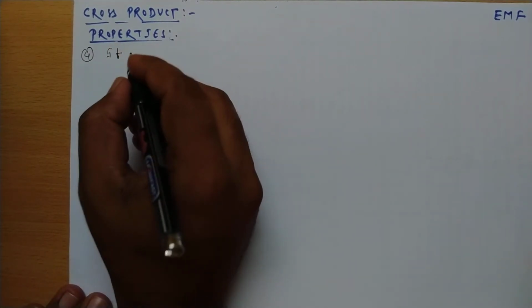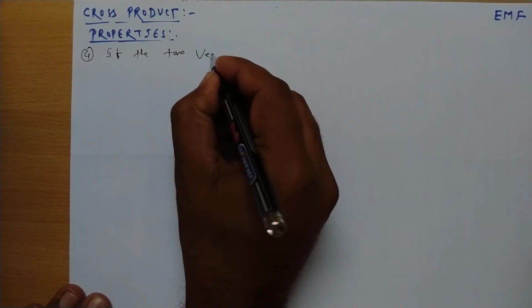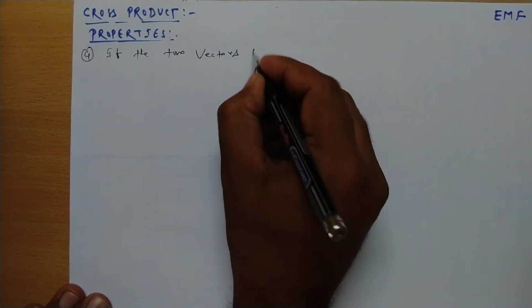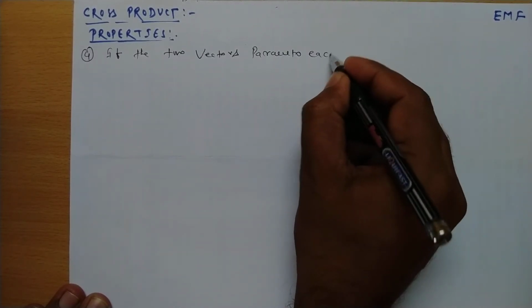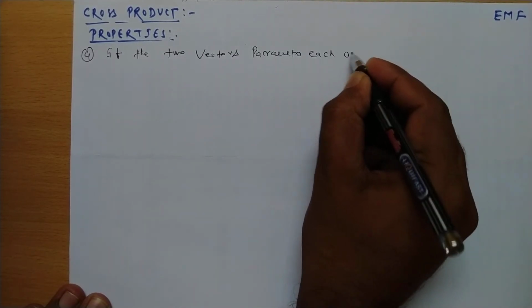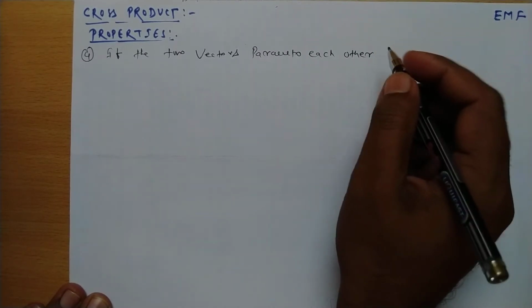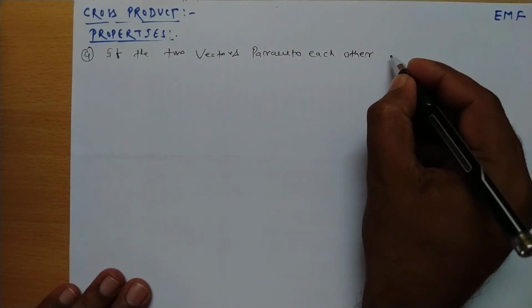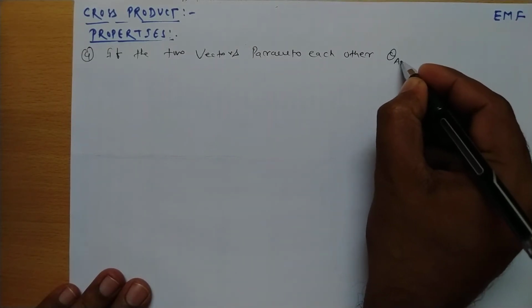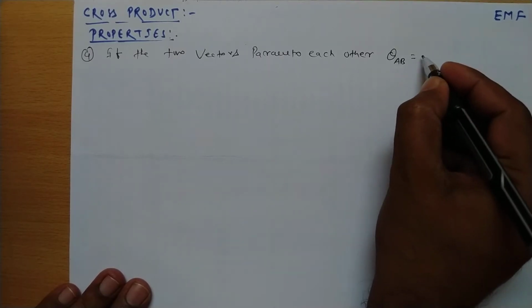If the two vectors are parallel to each other, right? In this condition, the angle theta will be how much? This will be 0.